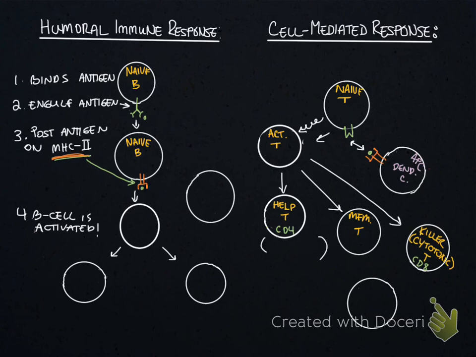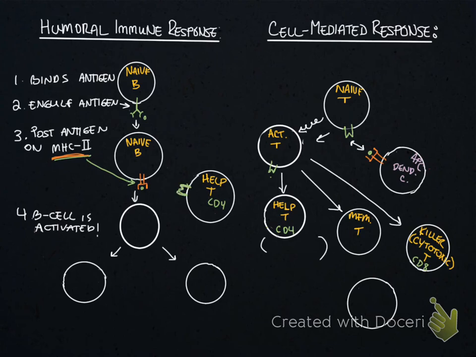Okay. Now this helper T cell will actually go and be used to activate a naive B cell. So here's our helper T with its other identifier, or CD4, and it's going to have its T cell receptor, because remember, our active T cell still has its T cell receptor that's specific for that antigen.